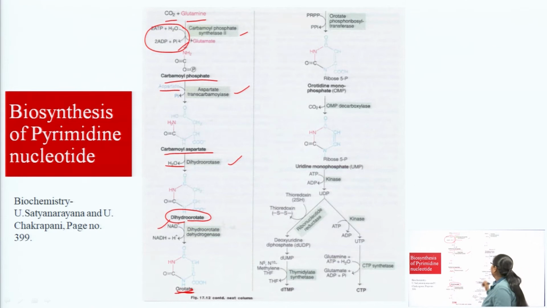This orotate will be converted into orotidine monophosphate. Now, I told you that this orotate is very important, and after orotate we already have our pyrimidine nucleotide somewhat, because in the later steps we will have our proper pyrimidine nucleotide.